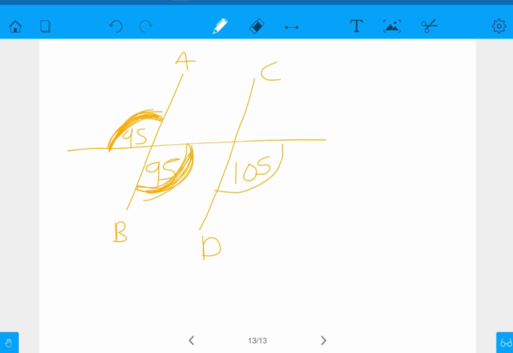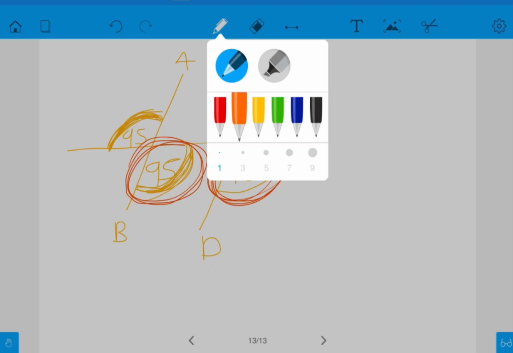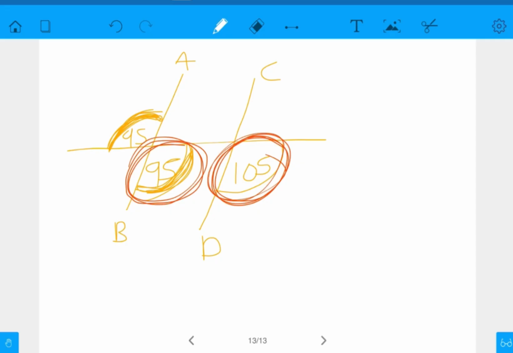So this angle will be 95 degrees, and if AB and CD were parallel, then this value of 95 degrees should have been the same angle here. But these two angles aren't equal. The answer is no. AB and CD aren't parallel.